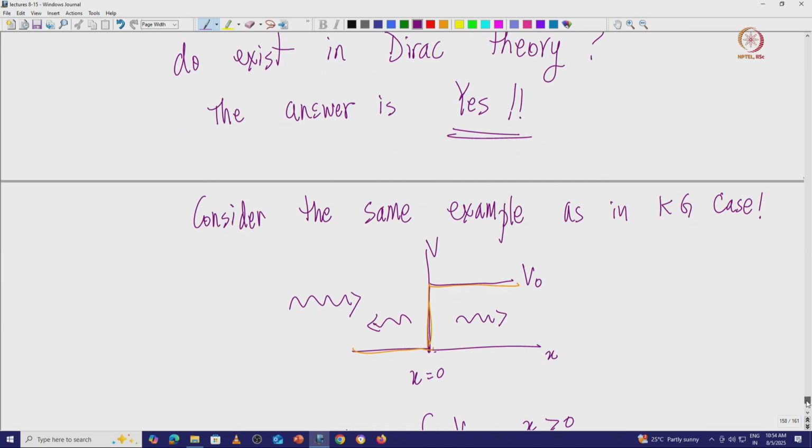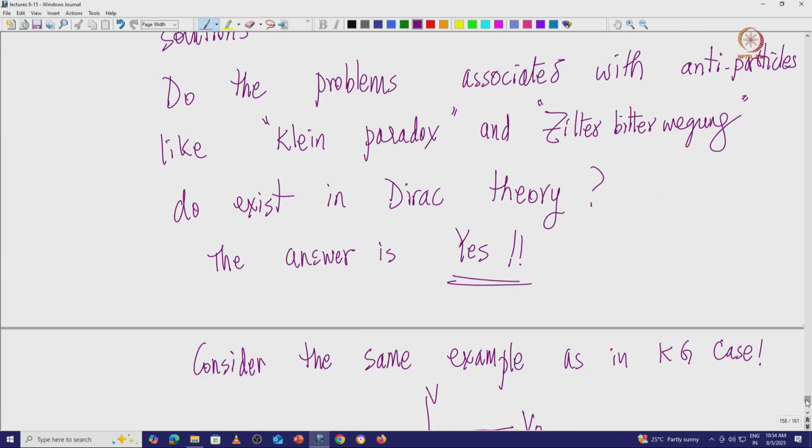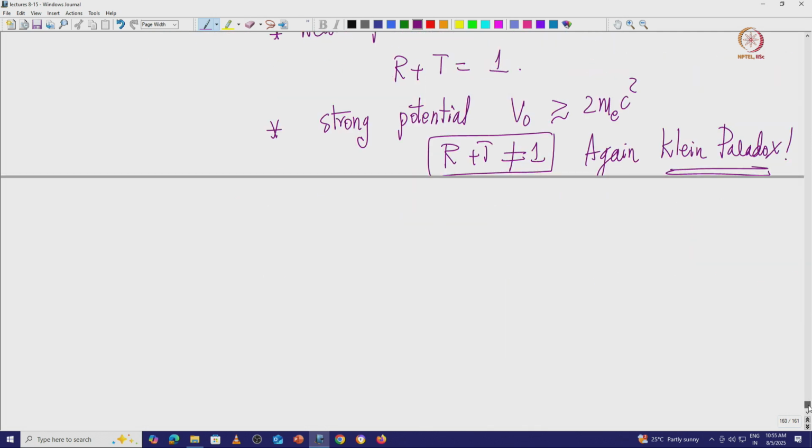Now the same Zitterbewegung also goes through exactly as in the case of the Klein-Gordon field. So the Dirac equation doesn't really solve the negative energy solution problem.